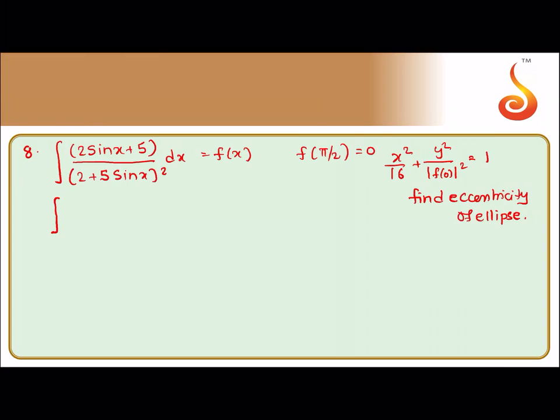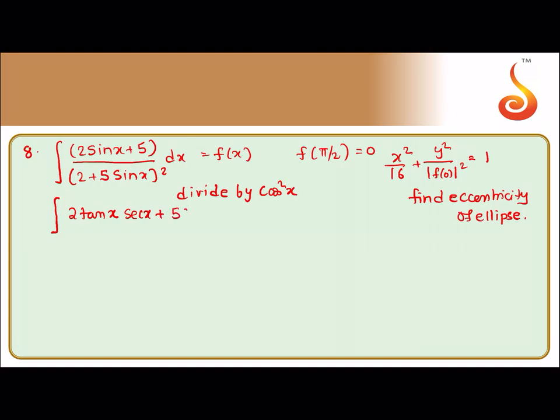So if we concentrate very carefully, if I divide by cos x in the bracket, and cos square x outside, this can again be written as dividing by cos square x, numerator and denominator.